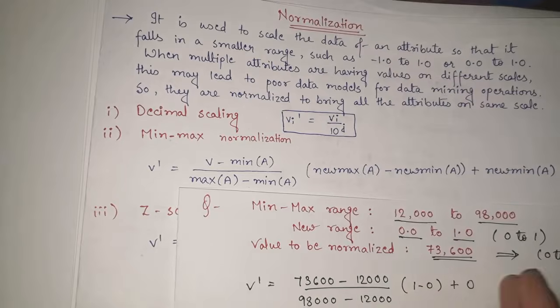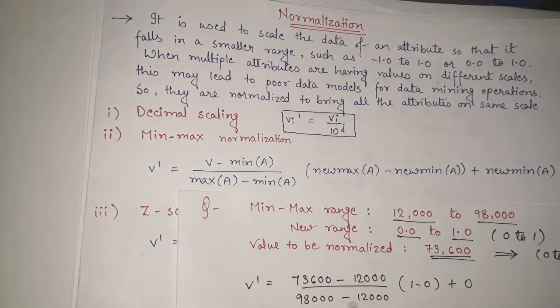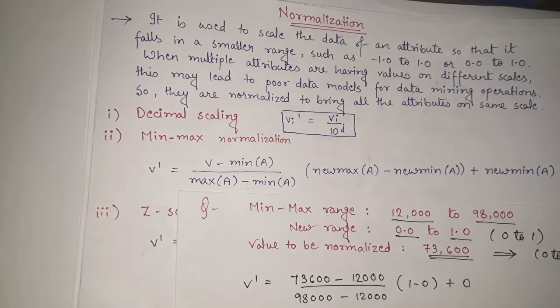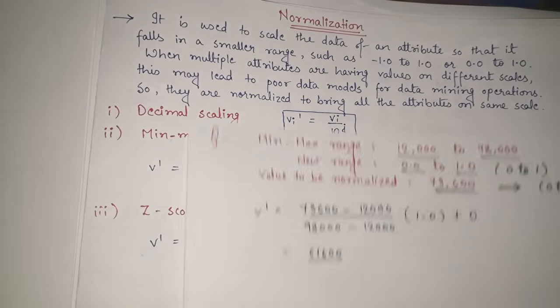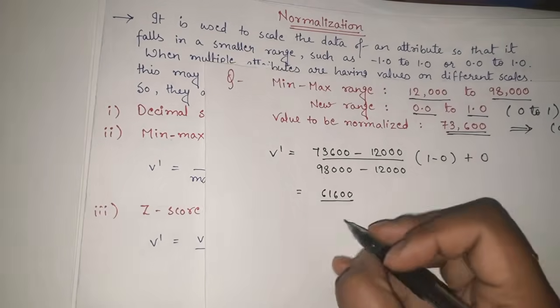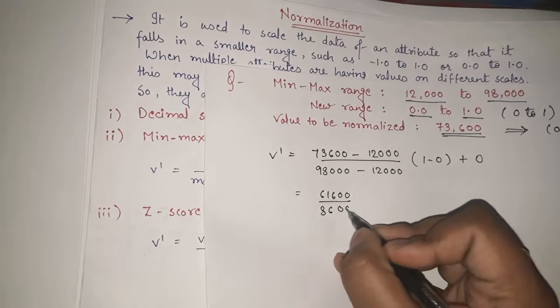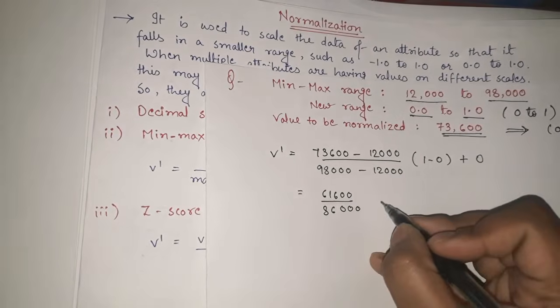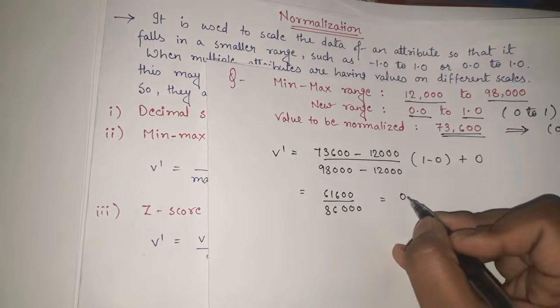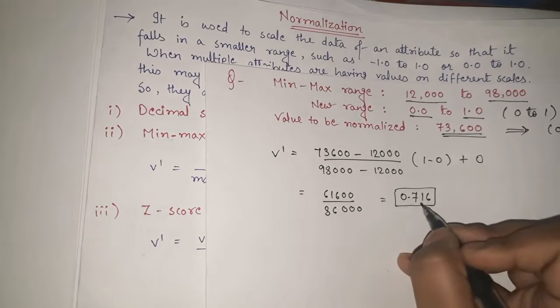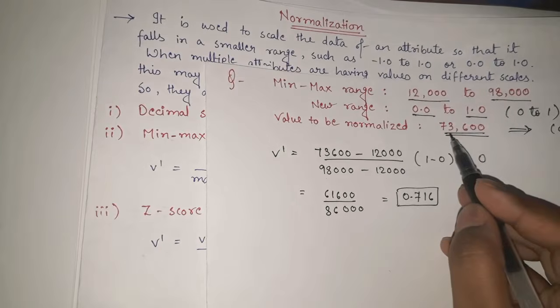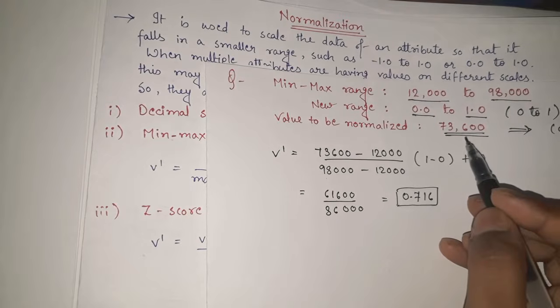Fine. It will result into 1 minus 0 will be 1 and this 0. We can directly neglect this thing and only compute these differences. It will give me 61600 divided by 86000. Now if you divide this with the help of a calculator, you will get 0.716. So this is the normalized value I got for the given value 73,600.